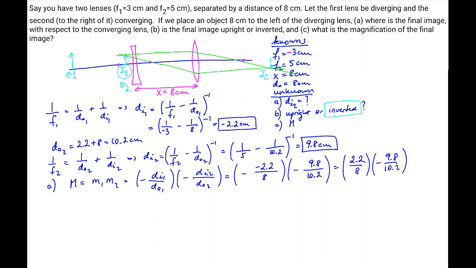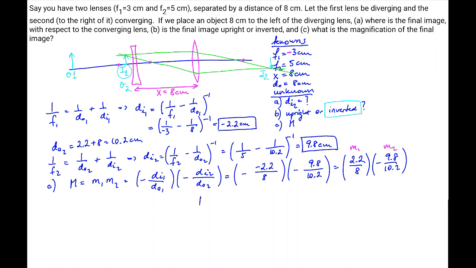The reason I'm doing this is because, remember, this is M1 and this is M2. M1 should be positive, a positive magnification, because the image is upright. And M2 should be negative because the image is upside down. So that checks out as well.